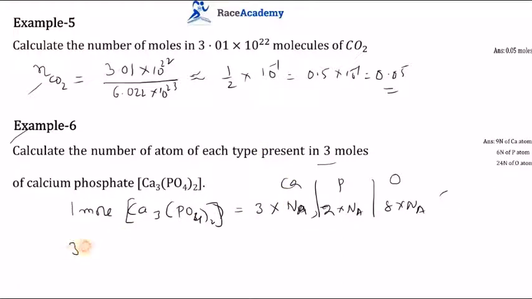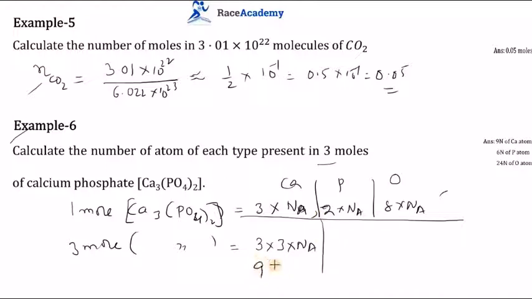It indicates that when you take 3 moles of calcium phosphate, what is the exact number of calcium atoms present in that? So it is 3 into 3 into Avogadro number of atoms. So the answer is 9 into Avogadro number of atoms of calcium present in the given 3 moles of calcium phosphate.